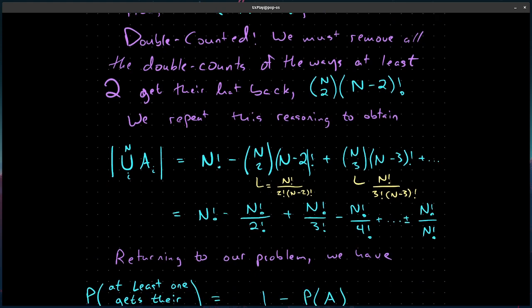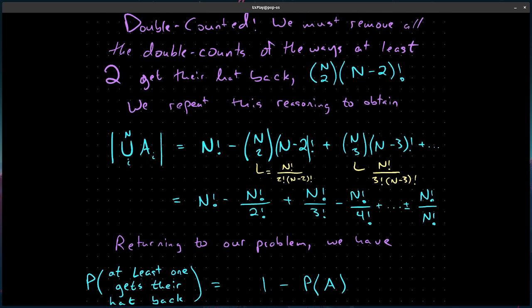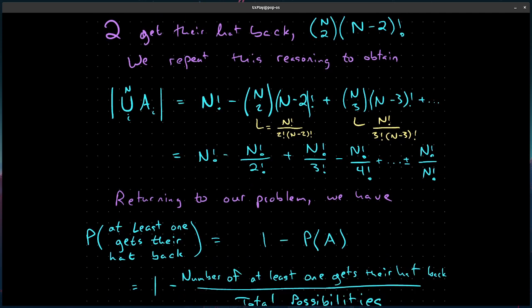Here's the relationship that we end up with: we're going to start with n factorial events, then we're going to lose all of the ways that we overcounted the number of 2s, and then we're going to regain all of the ways that we undercounted the number of 3s and so on, up to the point where we need to remove all of our values of n. So this is a fairly neat trick when we think in probability theory terms.